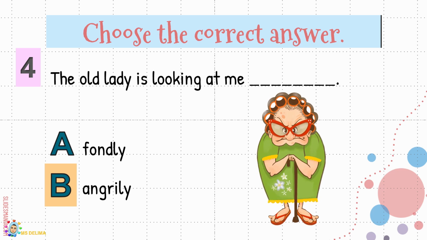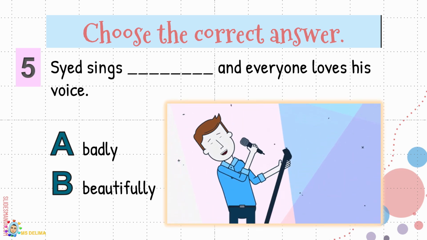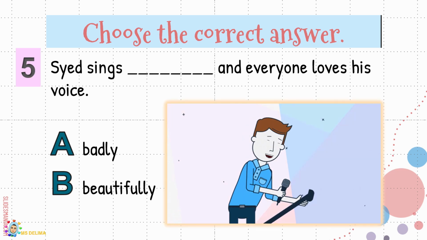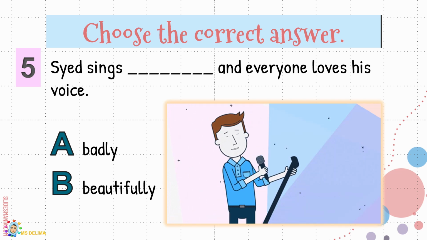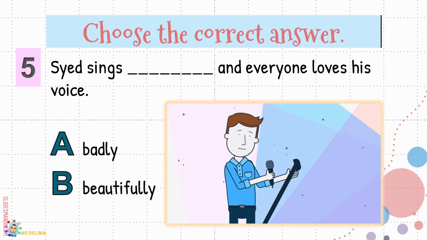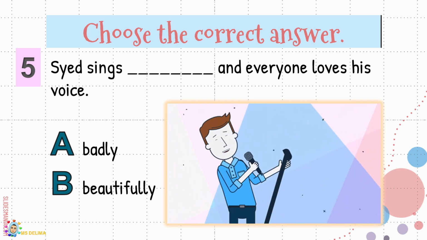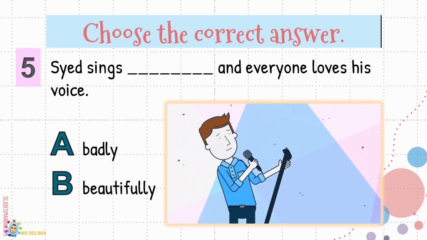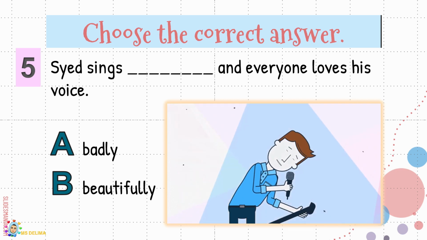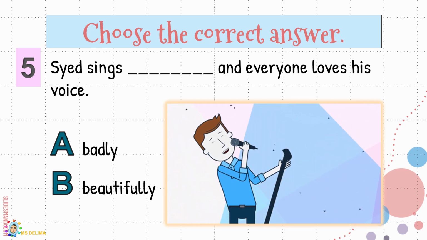Now question number 5, which is the last question. Shade sings and everyone loves his voice. Let us look at the key phrase here, which will lead us to the correct answer. Everyone loves his voice. That is the key phrase.